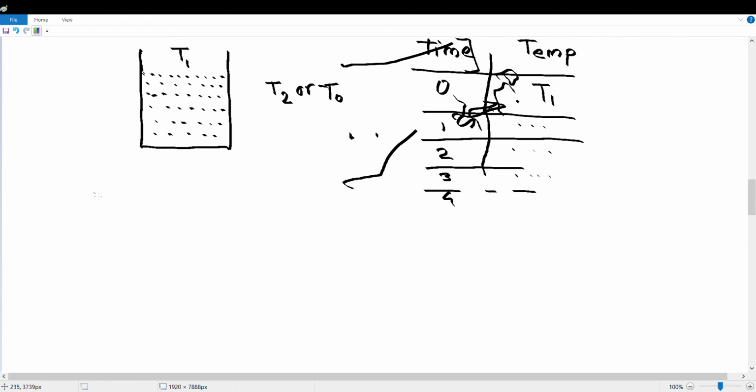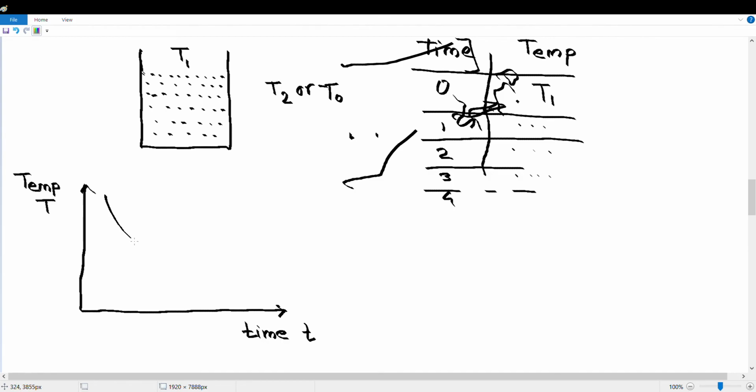If we plot a graph of temperature T against time, the graph looks like this.